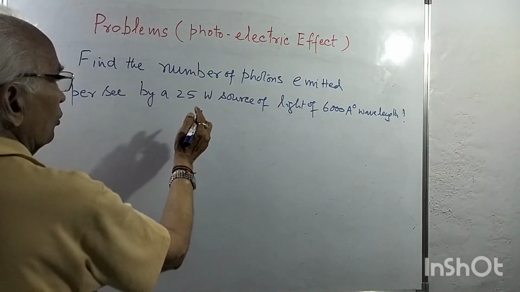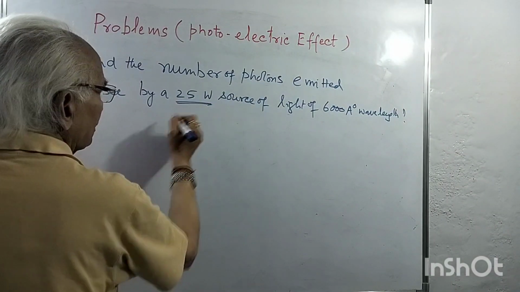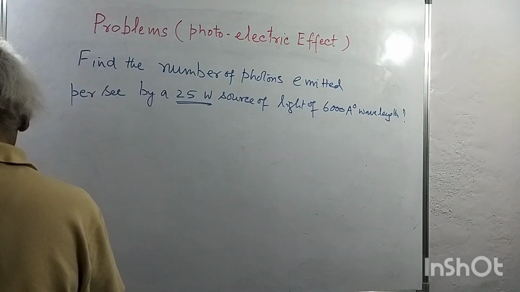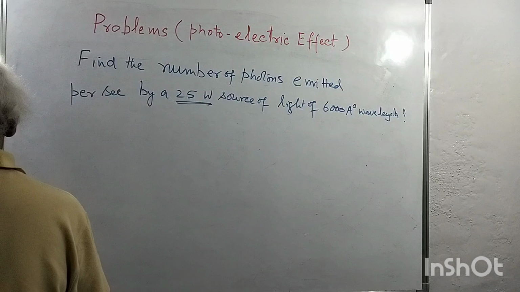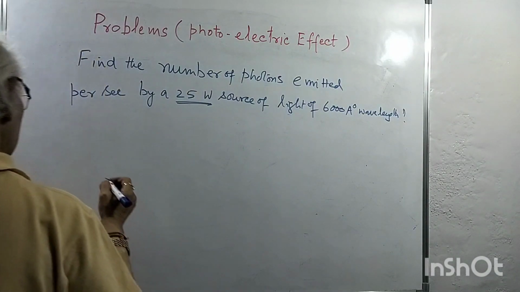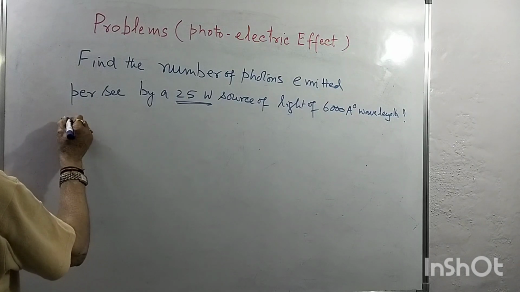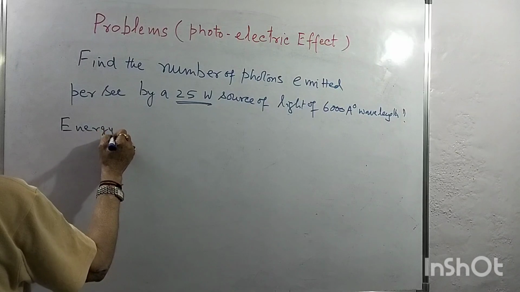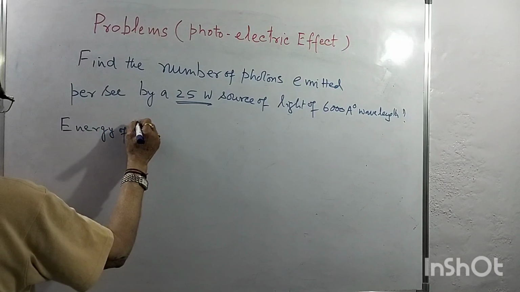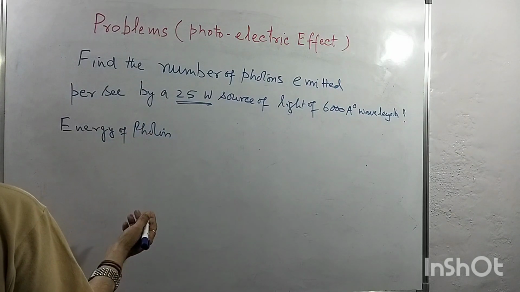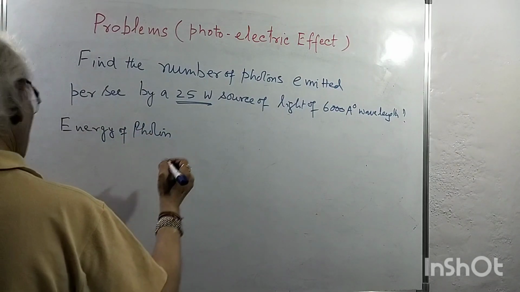Here the power wattage is given. So this is also not very difficult. What should we do? The energy of a photon you have to get is hc over lambda.